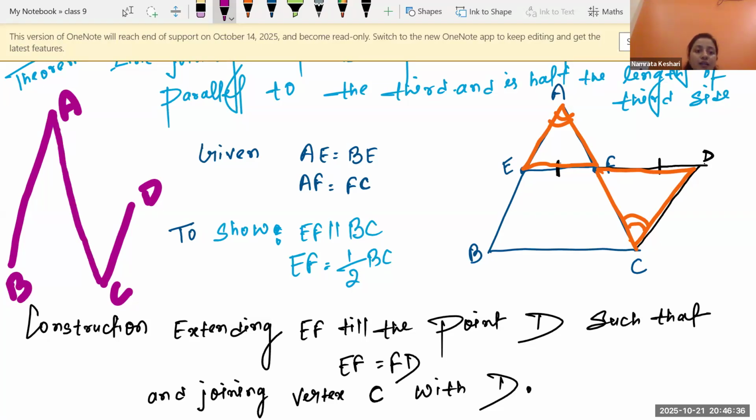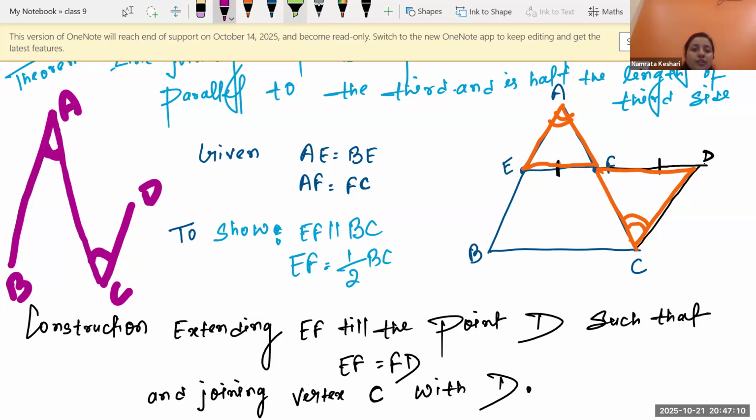If this angle and this angle are same, that means AB and CD are not random lines. These two are parallel lines. Why? Because alternate interior angles are equal. Yes or no? Yes, ma'am. So first of all, you are proving congruent. Due to that, the orange color angles are coming the same. And with the help of the angle, you are able to say AB and CD are parallel. Clear so far? Yes, ma'am.